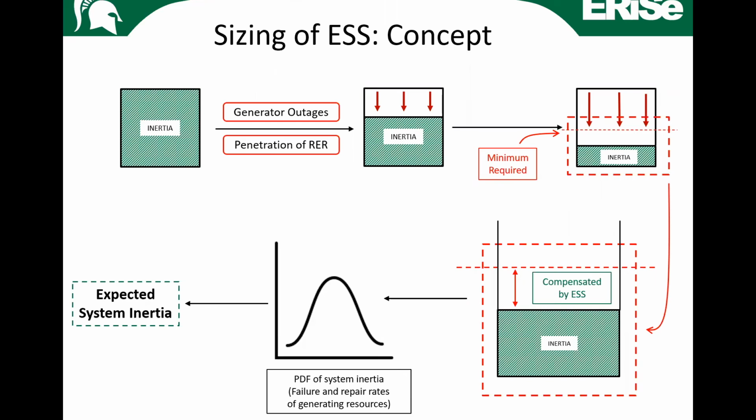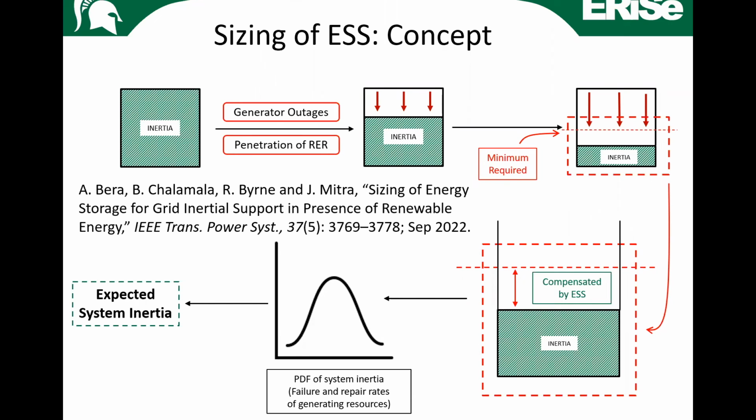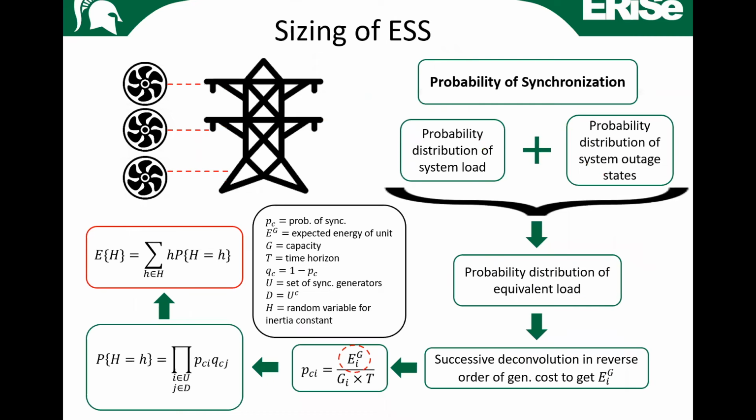Okay, can you calculate how much inertia you can get? Yes, if you can come up with a probability distribution function, you can calculate the expected inertia here. And if you take the difference, you'll know how much inertia must be compensated for by using energy storage. Okay, and that is described in this fairly recent publication.